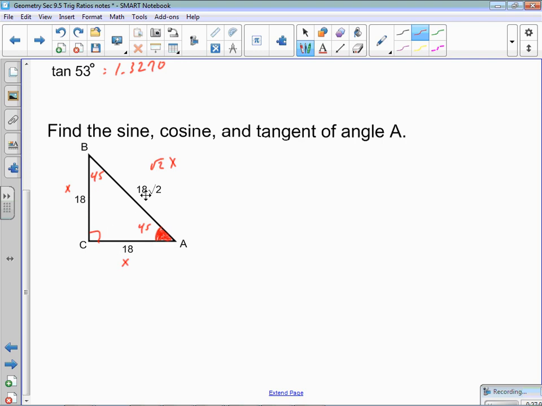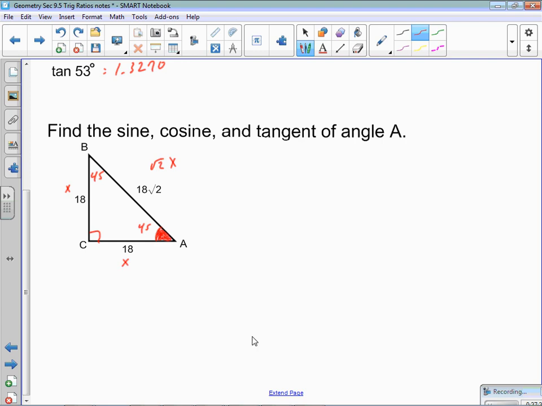The hypotenuse is 18 square root of 2, which is the same as the square root of 2 times the leg, right? So when we figure this sine, cosine, and tangent, we know that we're finding the sine, cosine, and tangent of a 45-degree angle. So what we find here will be true for any 45-degree angle.